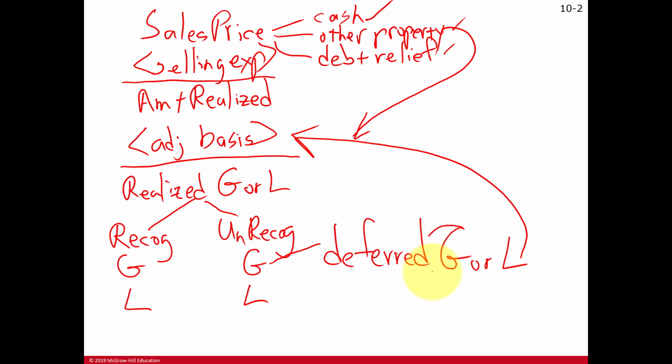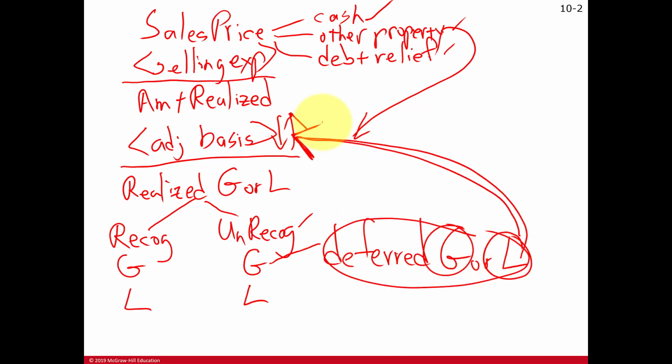So if you're deferring gain, that's going to reduce the cost basis of whatever new property you're acquiring. So the gain later on when you sell the new property is going to be bigger. That will include the gain of the old property. Or if you have a loss being deferred, the basis would have increased for the new property you're acquiring. So when you dispose of that new property, or if you depreciate the new property, you're going to have a bigger loss or more depreciation. So unrecognized gains and losses could be deferred because you're adjusting the basis of new property you're acquiring.